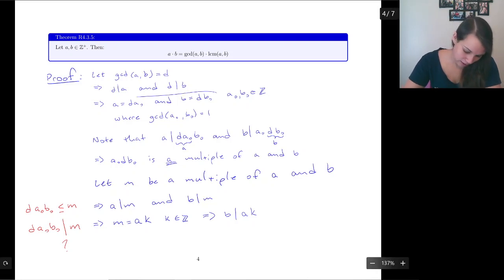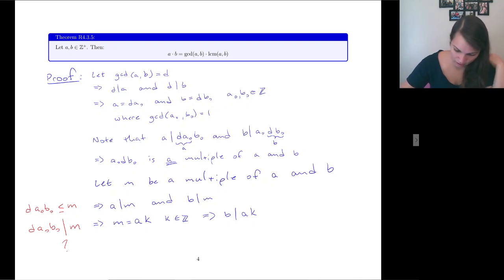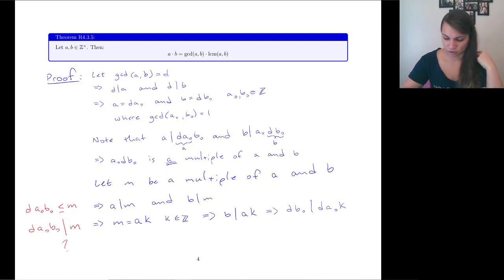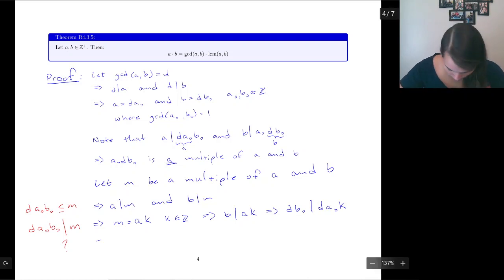Remember, we had other definitions for A and B, so let's go ahead and do that. So then we have D B naught divides D A naught k. And then from division rules, we know that these D's, since they're not zero, thankfully, I mean, you can't divide with a zero, we can get rid of those D's. Those cancel out. So now we're left with B naught divides A naught times k.